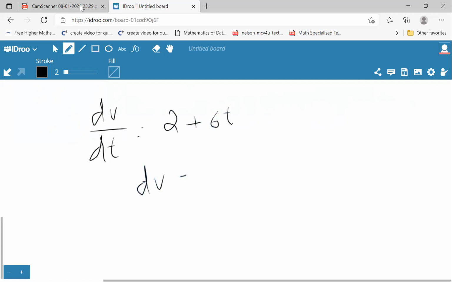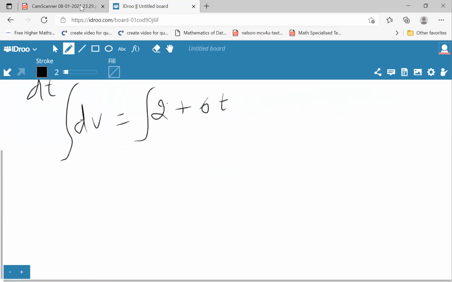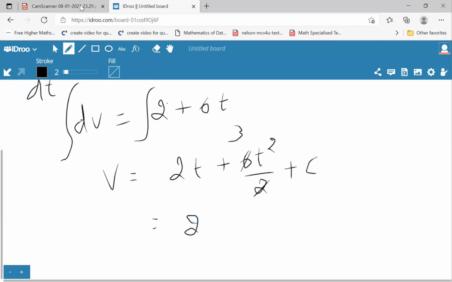So let us integrate by the method of variable separable. Let us separate the variables. So 2 plus 6t. Integrating on both sides, that gives you v is equal to 2t plus 6t squared by 2 plus c, which is nothing but 2t plus 3t squared plus c.